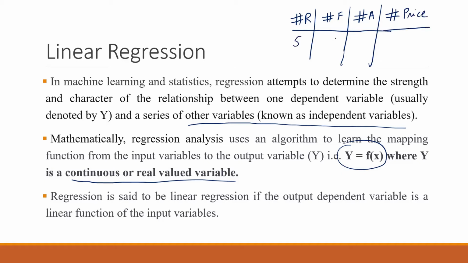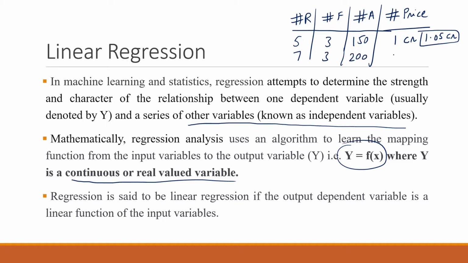Let's say there were 5 rooms, there were 3 floors, and the area was maybe 150 square yards, something like that. Now the price might be around 1 cr, right? And this 1 cr might be exactly, let's say, 1.05 cr, something like that. And based on that, maybe a second scenario comes. There are 7 rooms, 3 floors, and the area is maybe 200 square yards.